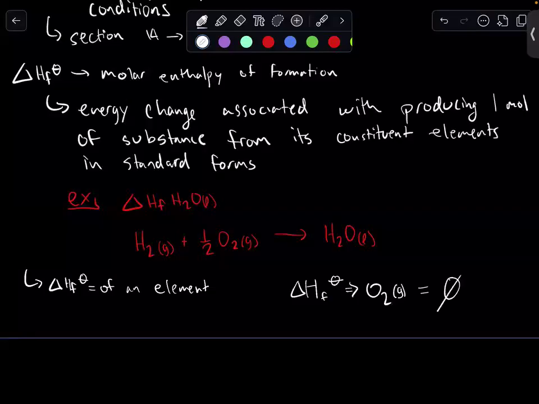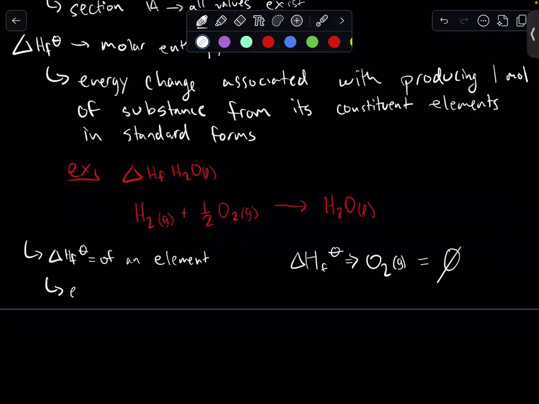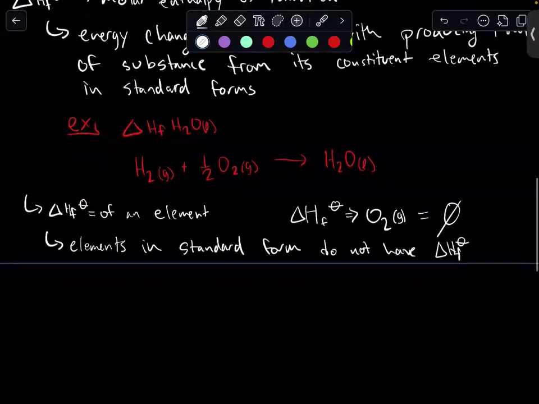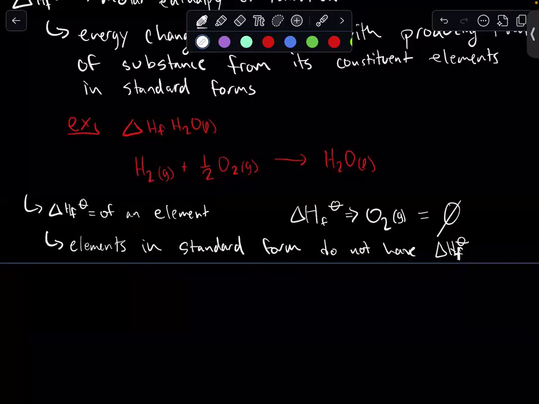Therefore, there is no enthalpy of formation for elements. So elements in standard form do not have delta HF, or it equals 0 because they're already in their standard form. It takes no energy to convert them from standard form to exactly what they are.